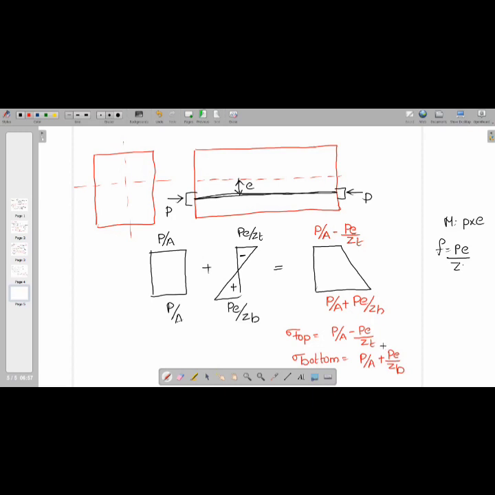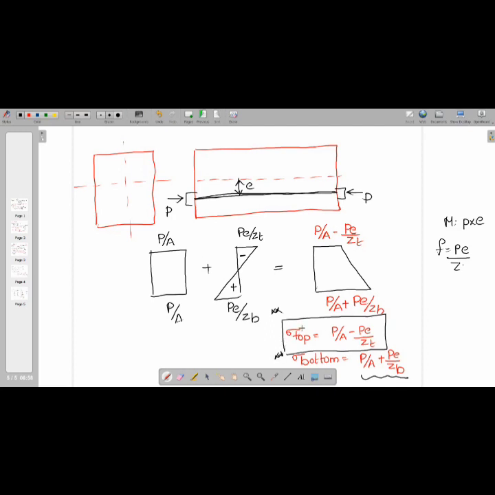These are the stresses: this is the stress at top and this is the stress at bottom. Clear, students? Please remember they can ask you what are the stresses at top and bottom when there is an asymmetrical loading. So this is important, both top and bottom.